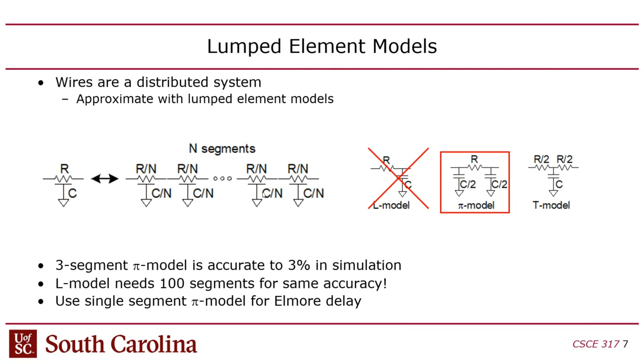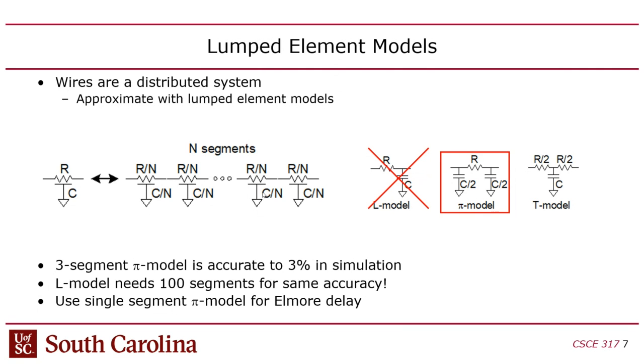So the number of states in a wire is infinite, because there's an infinite number of positions on that wire where you could measure the resistance and the capacitance. That means you can't really model the wire perfectly, because it would require an infinite number of states.